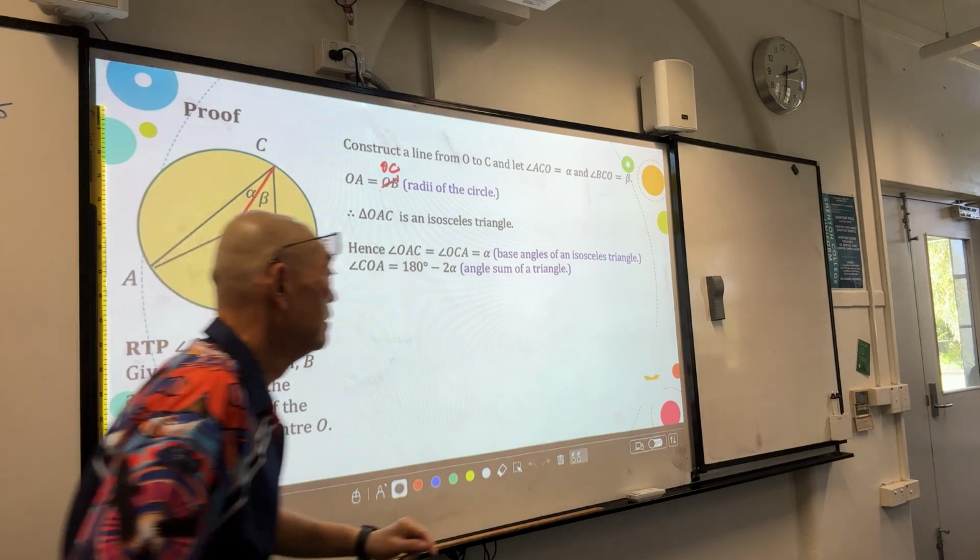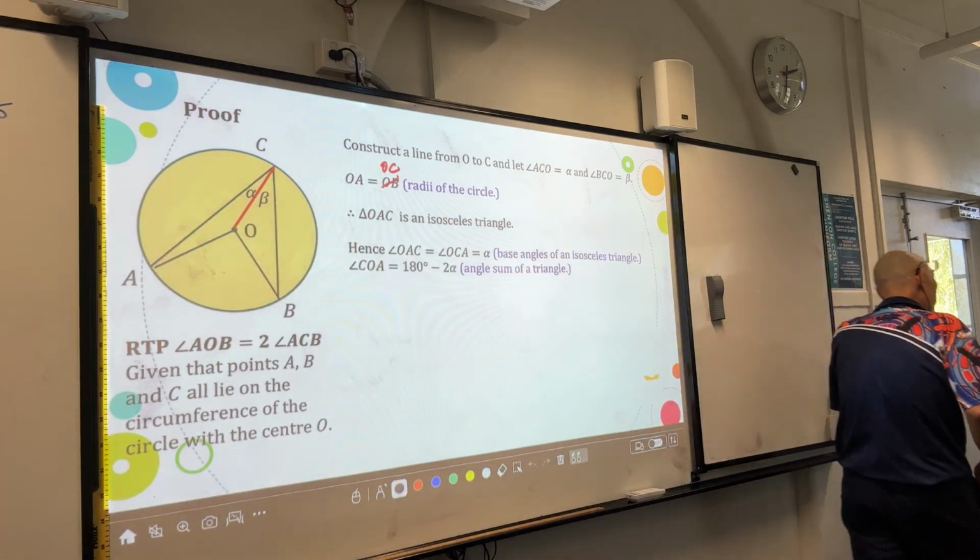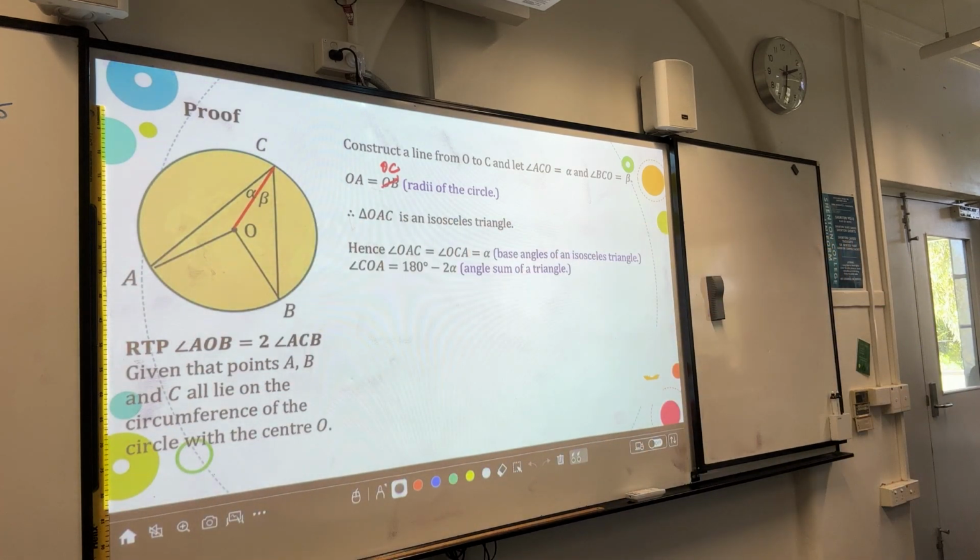Right? Now, do I really have to repeat the whole process for OBC? Not really. I can just say similar reasoning for triangle OBC. Because it's obvious, you're using the same idea. And therefore, COB is 180 degrees minus 2 beta.